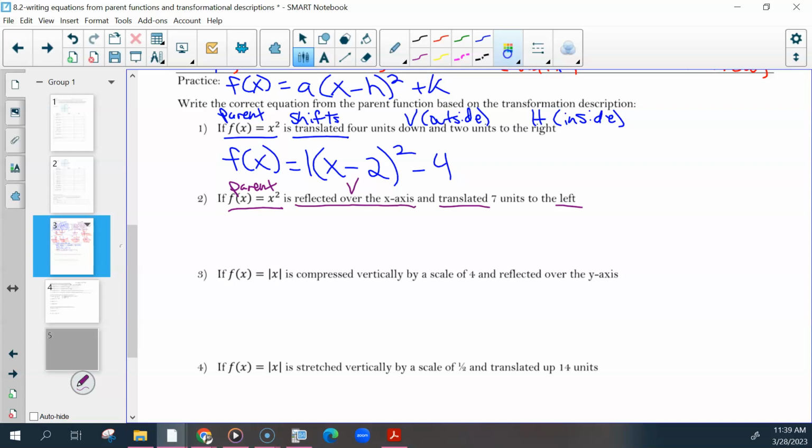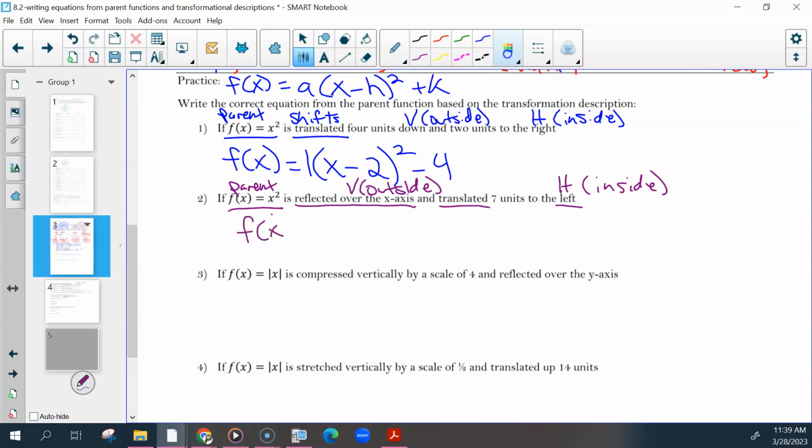So moving to the left. So then your vertical is always outside, horizontal inside, and then we can start to write our equation.